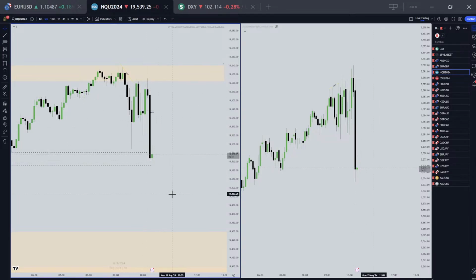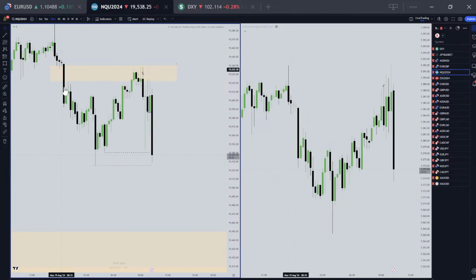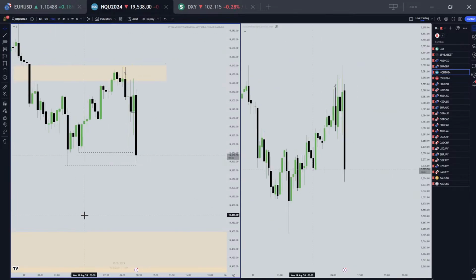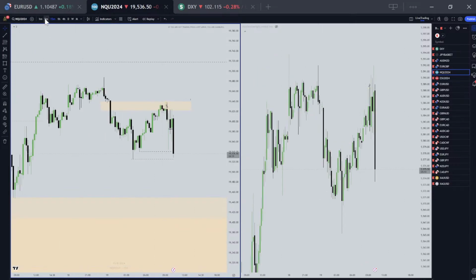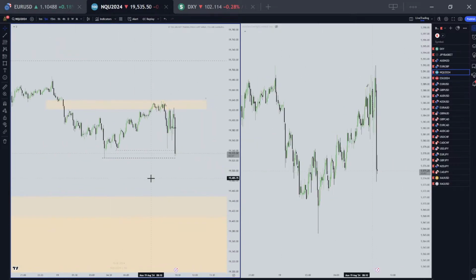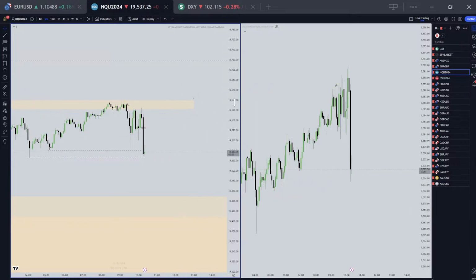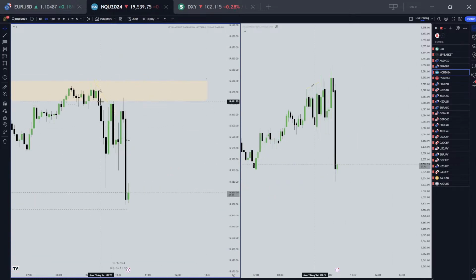Let's see what we do here. And it's going to count as value gap 2. Value gap 1 was up here. Now value gap 2 is probably going to be created.